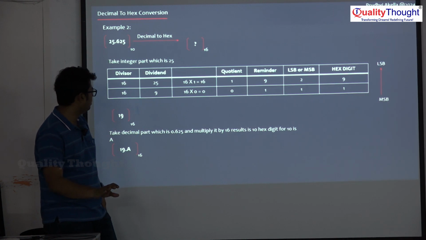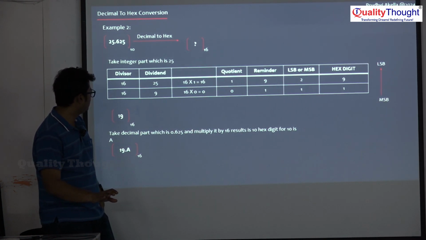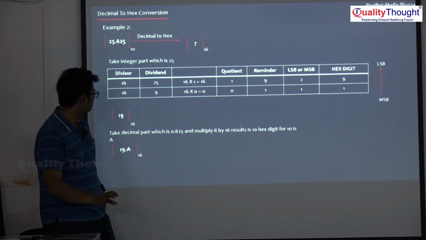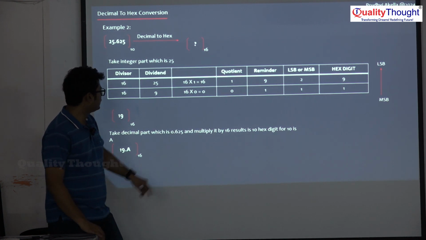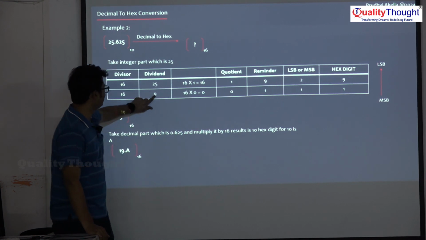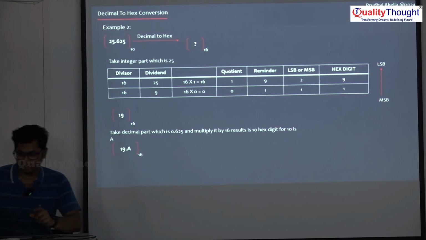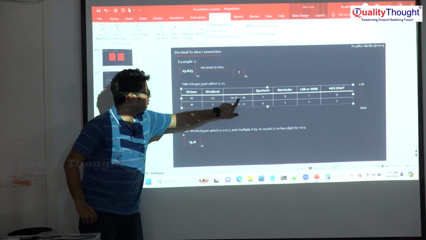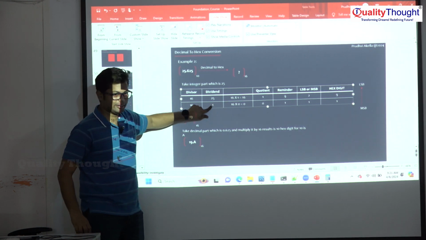No. Hold on. 16 into 25 is how much? No. Sorry, this had confused you. Here the dividend should be 1, correct? Because my multiplier is how much? 16. This should come here, not 9.